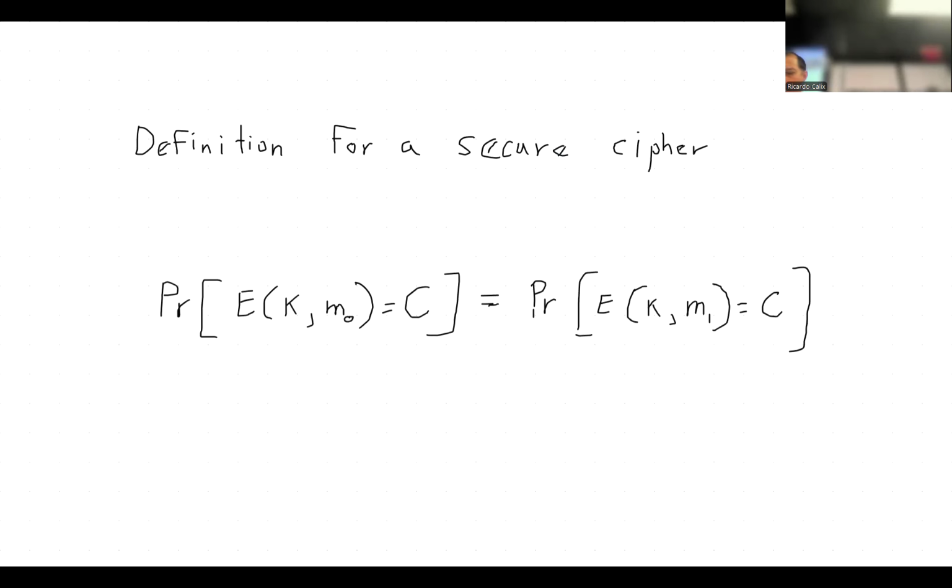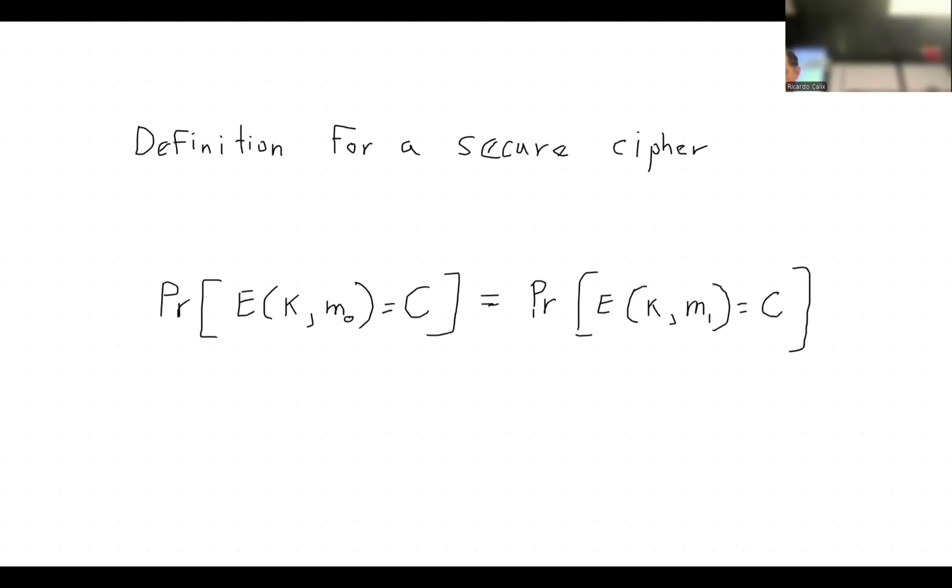Okay? All right, another way of stating it. The probability is the same. So if you're an attacker and you intercept a particular ciphertext C, then in reality, the probability that the decryption of C is M0 is exactly the same as the probability that the decryption will give you M1. Okay?